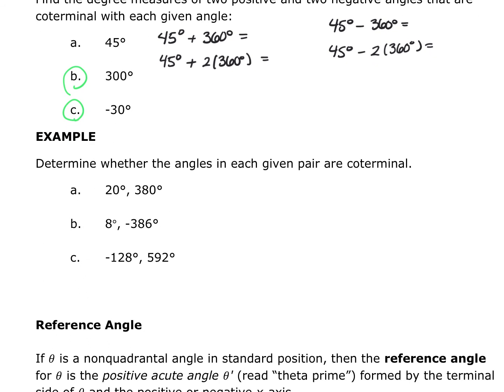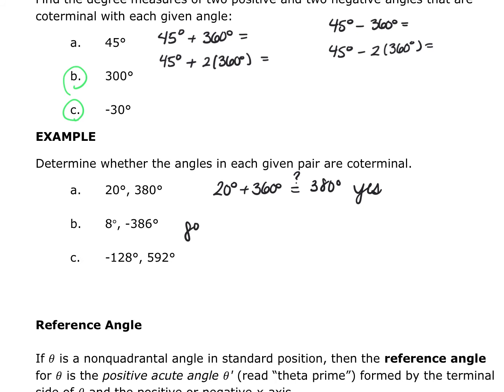If I'm trying to determine whether or not they're coterminal, all I'm going to do is see if I add or subtract multiples of 360, do I get the other answer? So if I take 20 degrees and add 360 to it, do I get 380 degrees? 20 plus 360 does indeed, so this is yes.